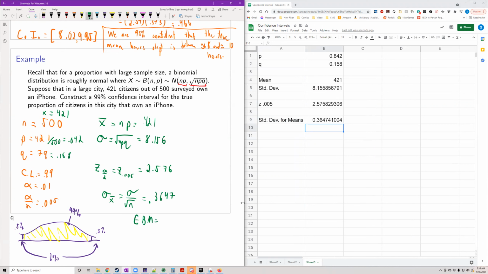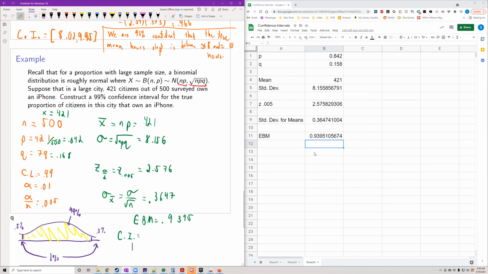For our EBM, that's going to be equal to the z-score, the number of standard deviations, multiplied by the size of the standard deviation. So that is 0.9395.